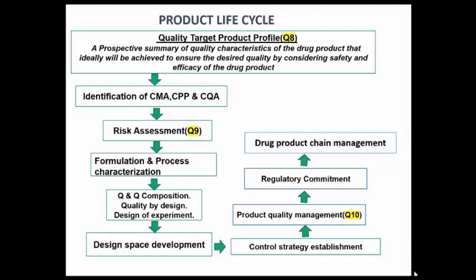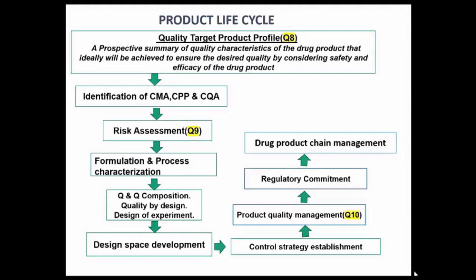Next, risk assessment, quality risk assessment. During the initial stage of formulation, you have to perform an initial risk assessment. Are my unit operations feasible to perform at large scale, pilot scale, pivotal scale? In this way, you have to evaluate each and every stage of study.